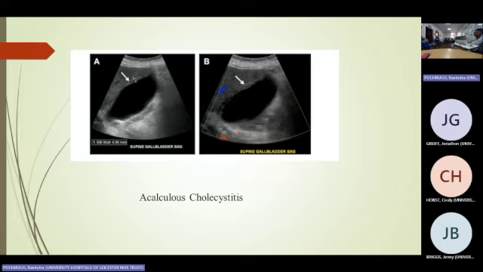That is the treatment, because given how unwell these patients are, especially as this happens more often in the context of critical illness evolving in the ICU, it's quite difficult to subject them to a cholecystectomy. So the treatment of choice would be to put a drain in, decompress it, and then see what you want to do. If the patient gets better, then they can have a cholecystectomy at a later stage.